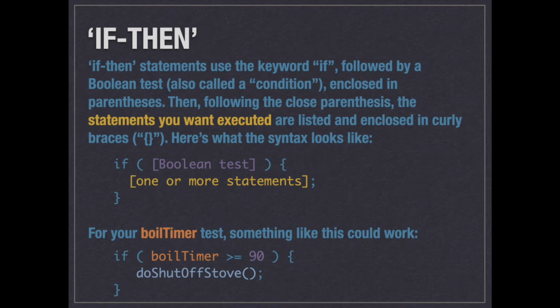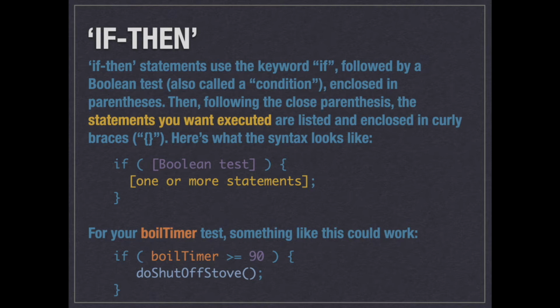Inside is the Boolean test or Boolean condition that will evaluate down to a true or false. And then for most if statements, you're going to use an open curly brace and a closed curly brace to surround the statements that you want executed for a true condition. So if the test is true, you'll execute those statements in between the curly braces.